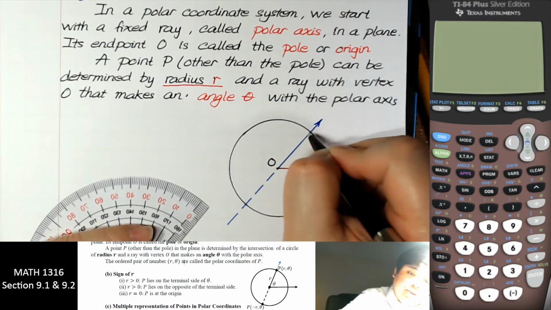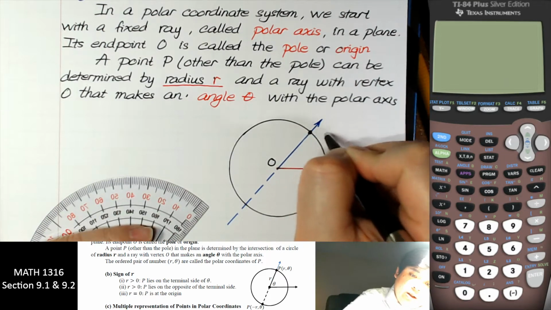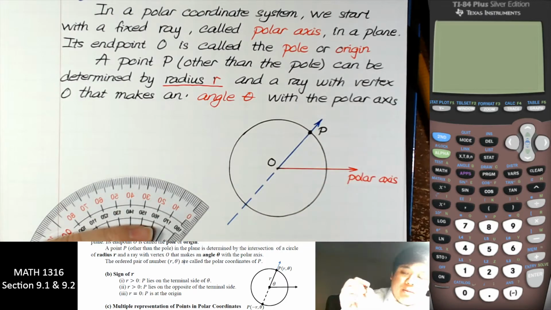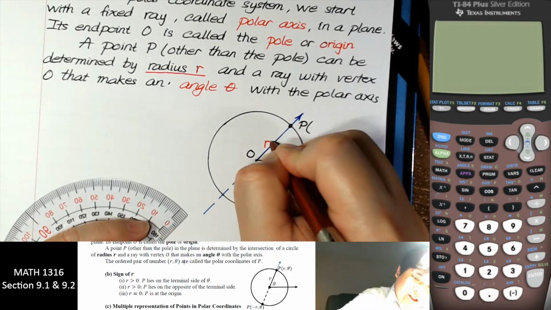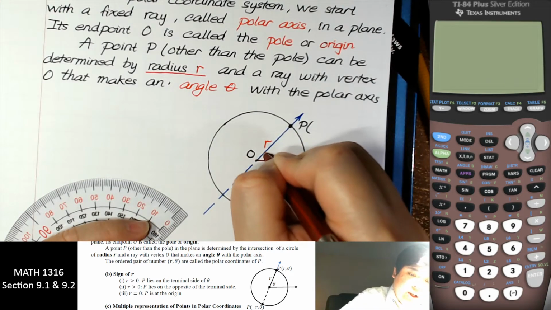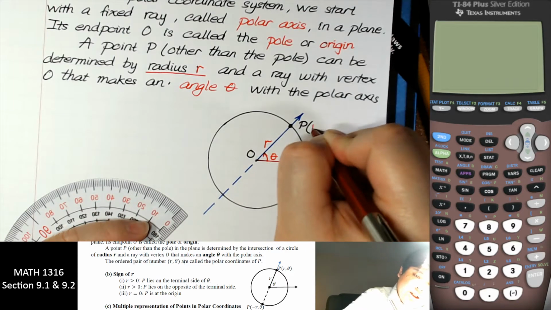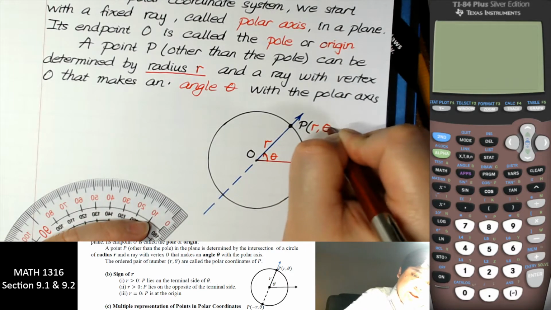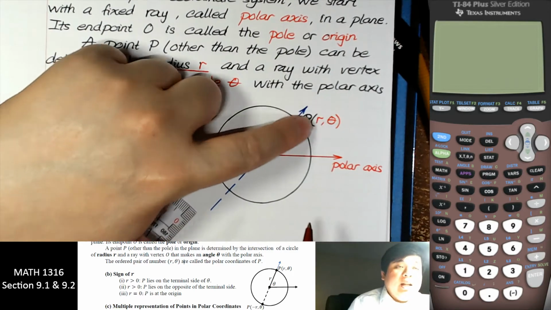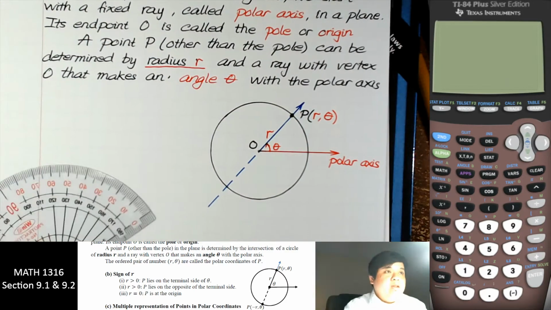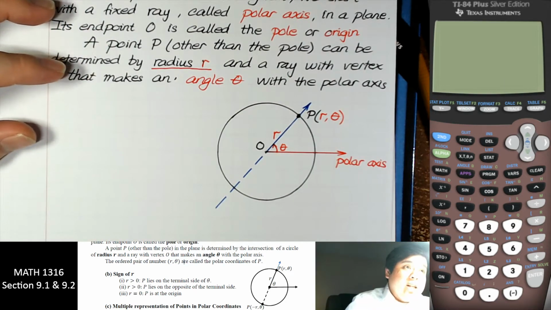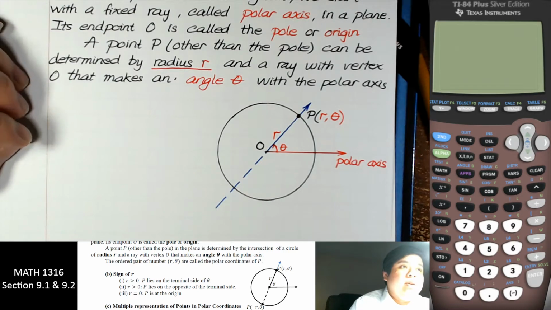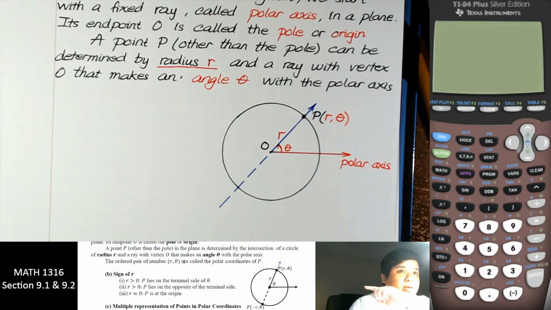In which case, this is a point P. We have two components. The first one is the radius. The second one is the angle theta. So any point given as the radius and the angle is called the position in the polar coordinates, which is what we have over there.